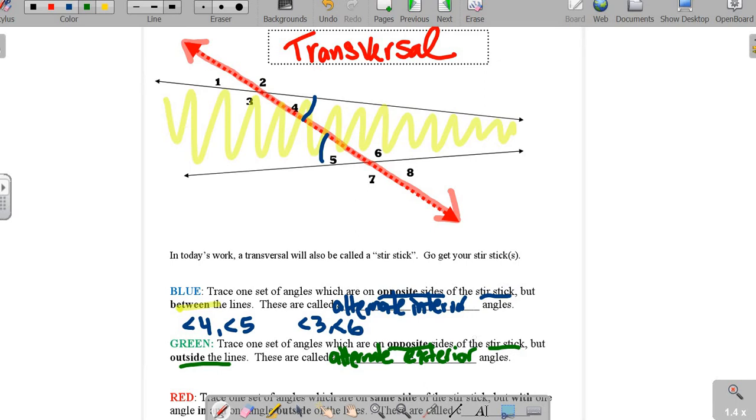An example of alternate exterior, opposite sides of the transversal, outside the lines, would be angles 2 and 7, and angles 1 and 8. Those are considered alternate exterior.